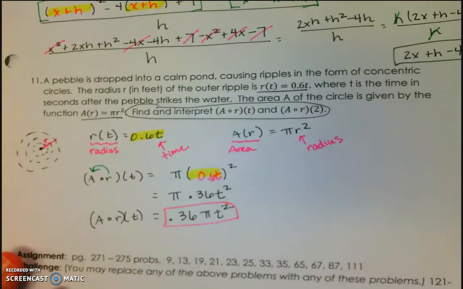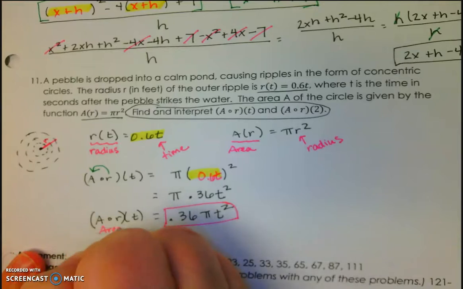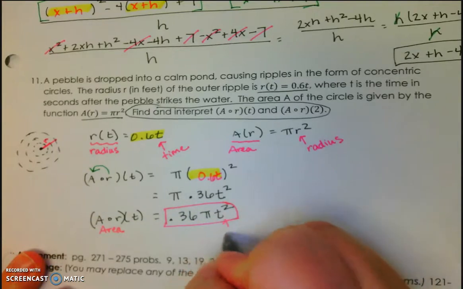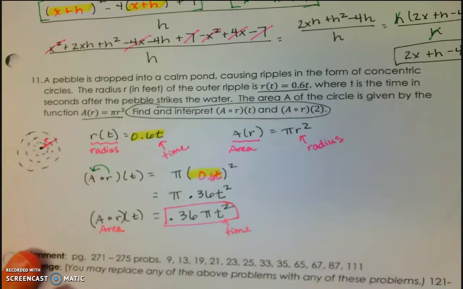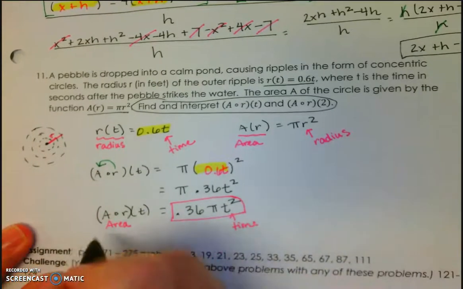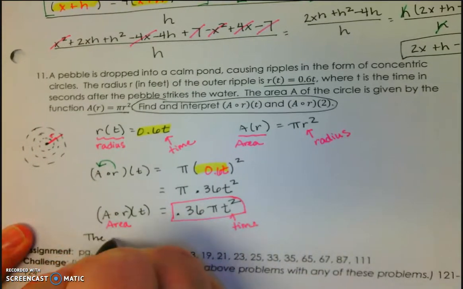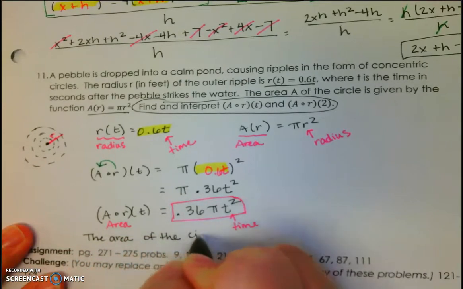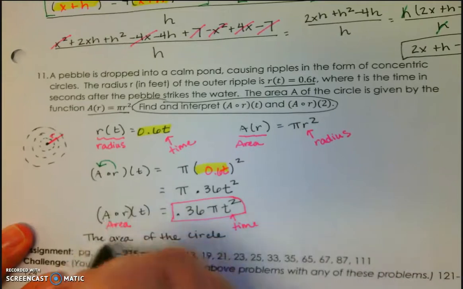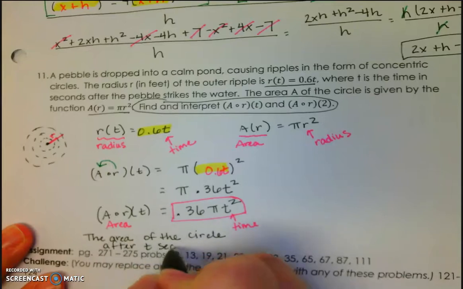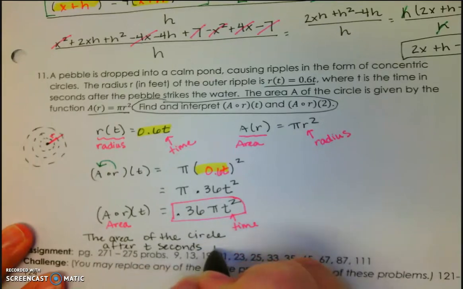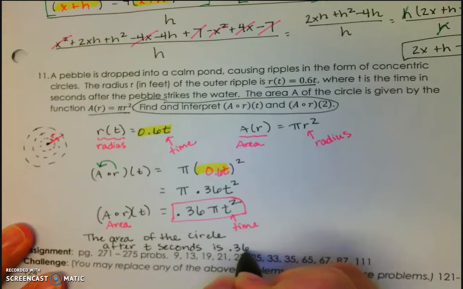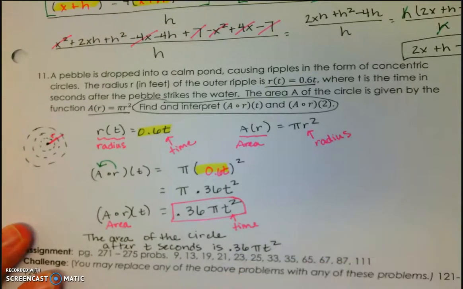Now the interpretation. Remember, this part is the area, and t is time. So the interpretation is that the area of the circle after t seconds is 0.36 pi t squared.